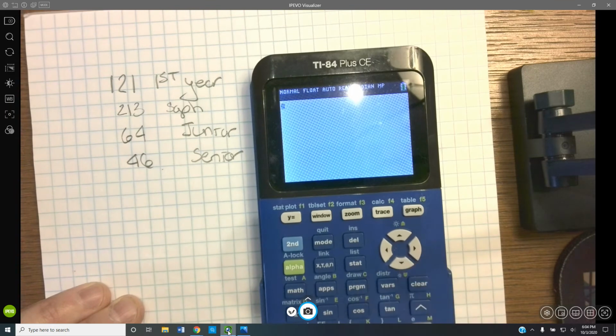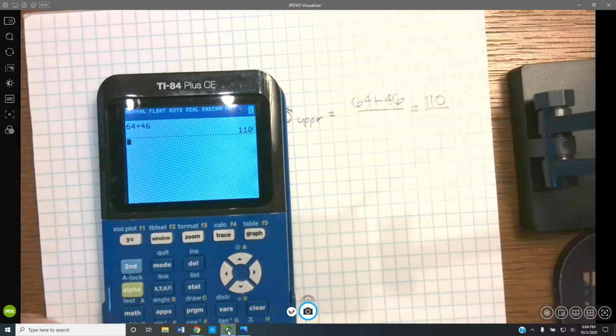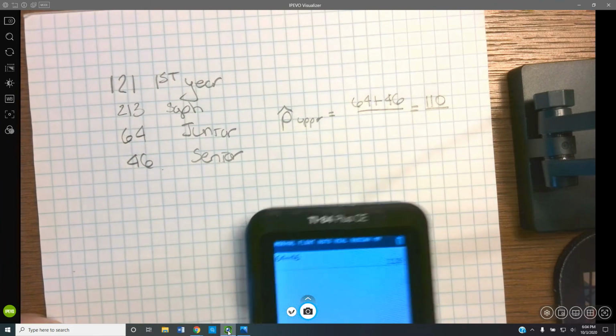First of all, we'll get our 64 and our 46. We could do this all in one calculation, but we'll just take it off to the side. So we get 110 juniors and seniors.